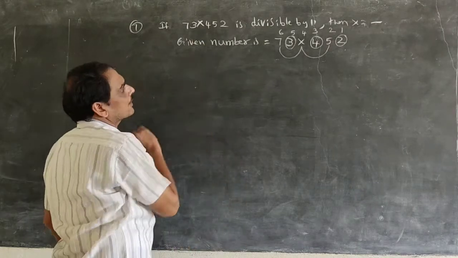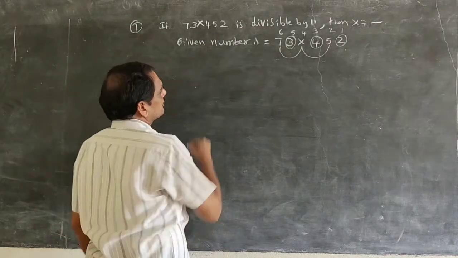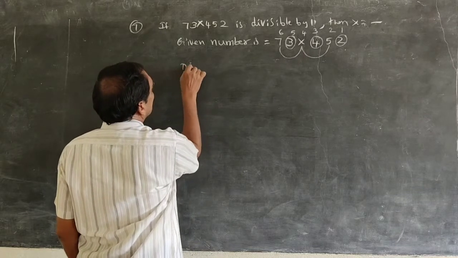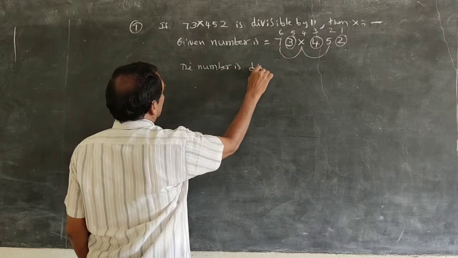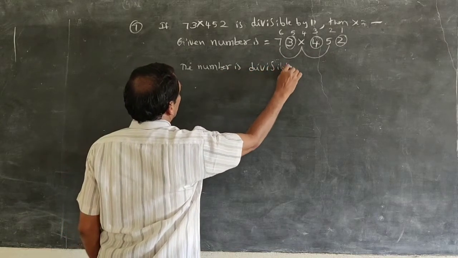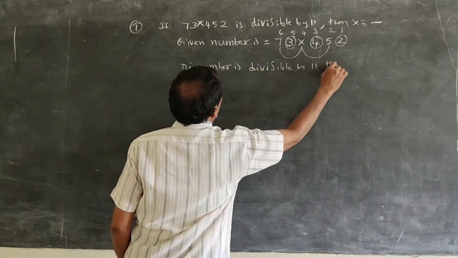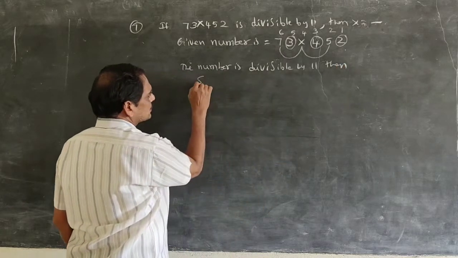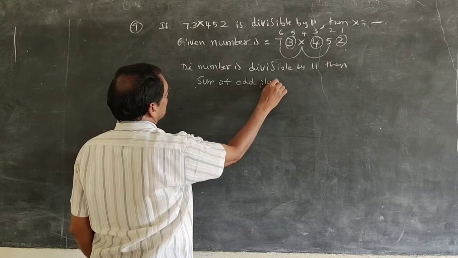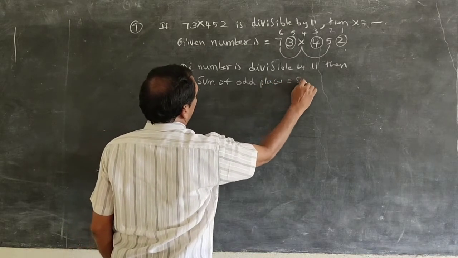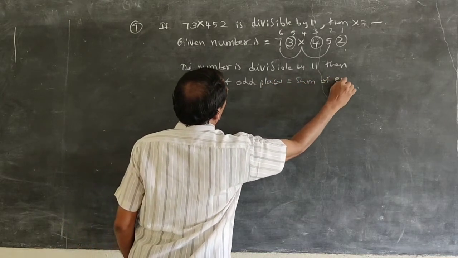So already the given number is divisible by 11, then the condition is: sum of odd places equals sum of even places.